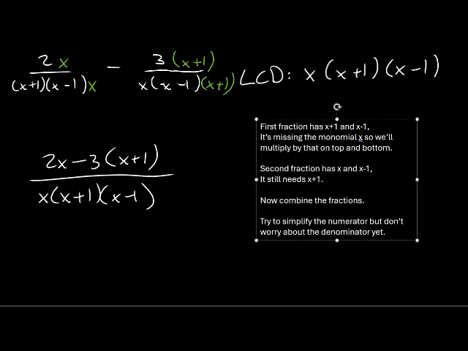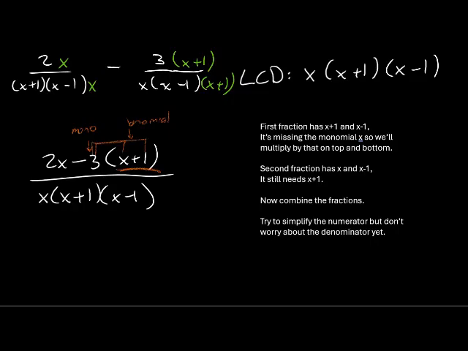To simplify the numerator, we notice that we have a monomial in this position I'm pointing to, the negative 3, and we're multiplying it times a binomial, x plus 1. This means we will need to distribute the negative 3 to both of those terms.